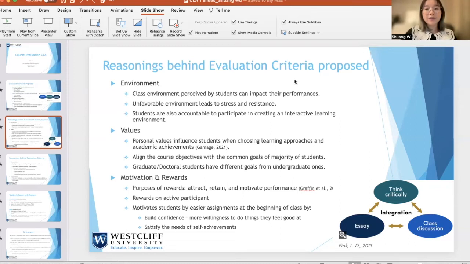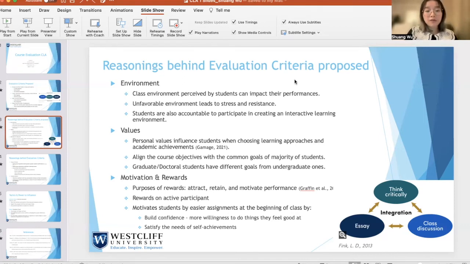Graduate students focus more on things beneficial to their long-term career or learning outcomes, such as improving critical thinking abilities, and mastering the skills and knowledge that help them to do professional and academic research.